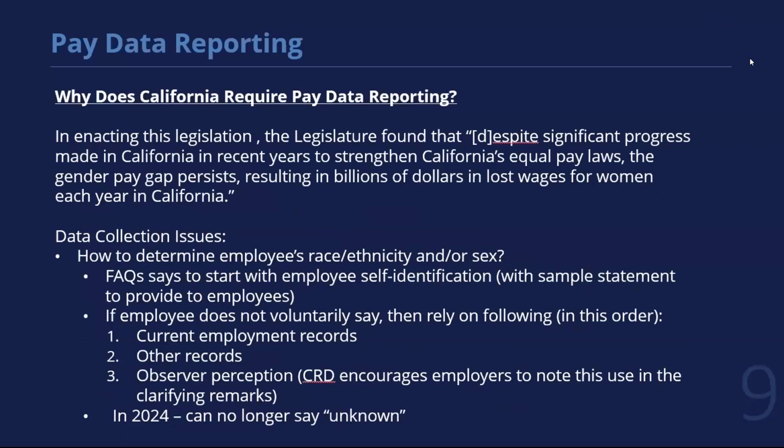Now, California started this reporting requirement to, one, help employers do a self-audit on their pay structure and to see if there's any pay gaps based on race, ethnicity, on gender. So this was started, and it's actually giving information over to the state. They're analyzing that data.